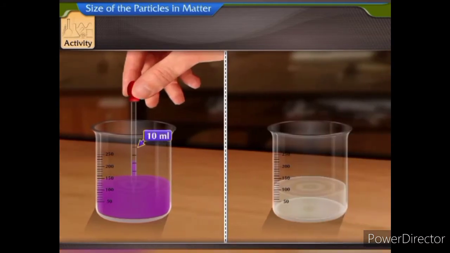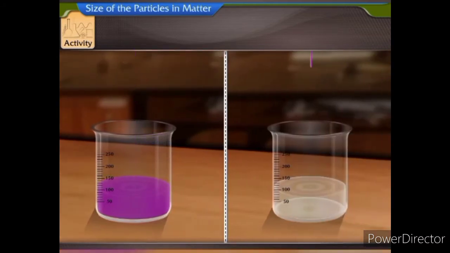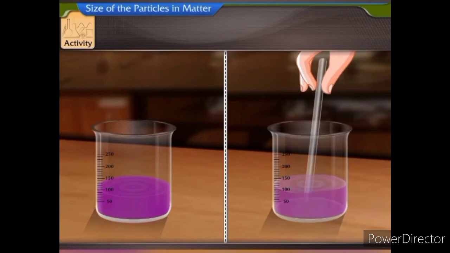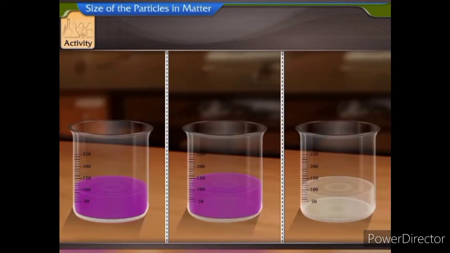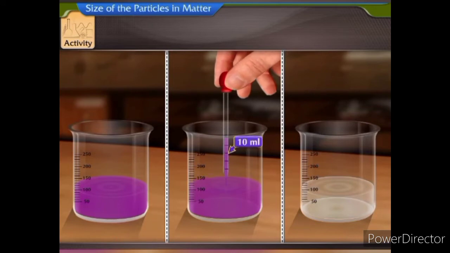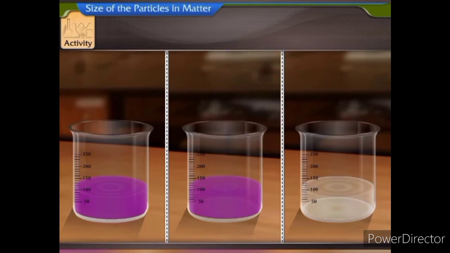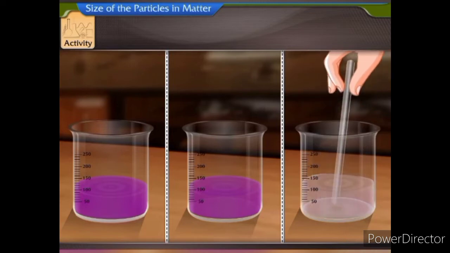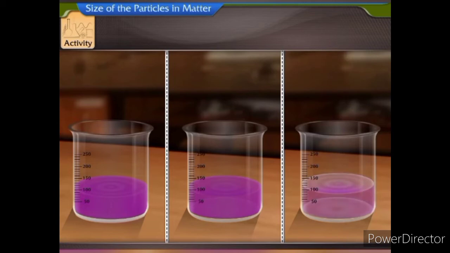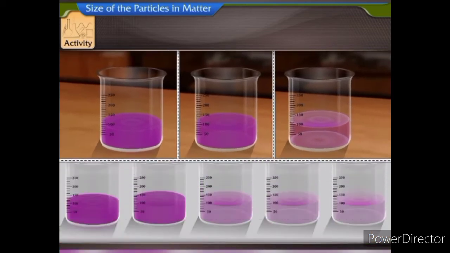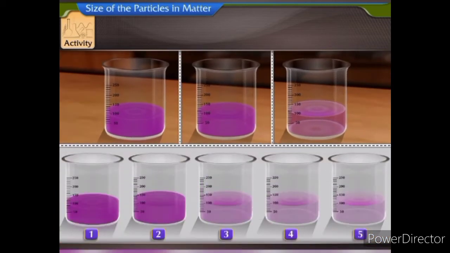Take out about 10 ml of the solution and add to it 90 ml of water taken in another beaker. Now from this solution, take 10 ml of the solution and add to it 90 ml of water taken in another beaker. In the same manner, prepare few more dilutions.